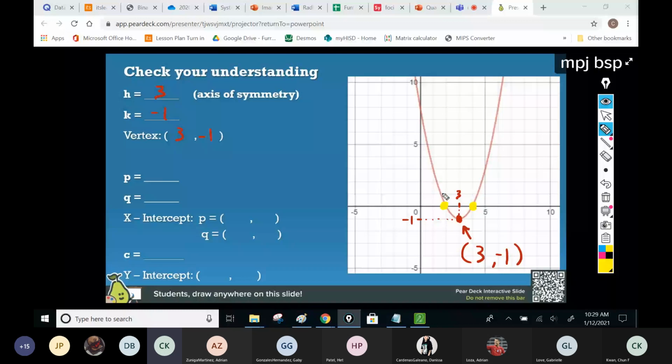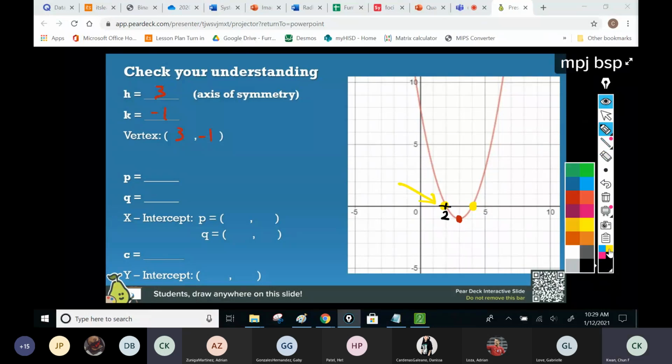All right, so to find the location of the x-intercept, let's do the P right here. For this one, check out what number it is on the x-axis. On the x-axis right here, you are looking at a 2.